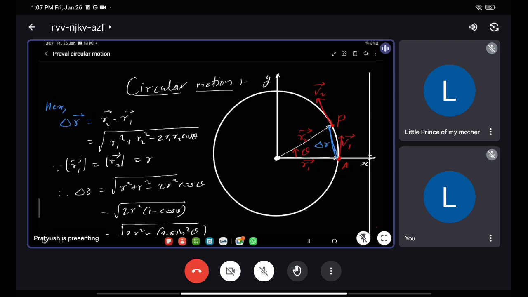So for that, first of all, we need to find out the displacement. How can we find the displacement? We can find the displacement by using the triangle law of vector addition.